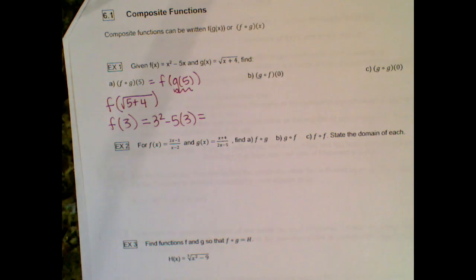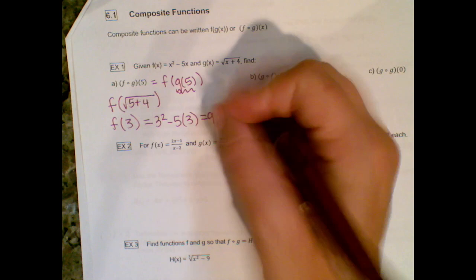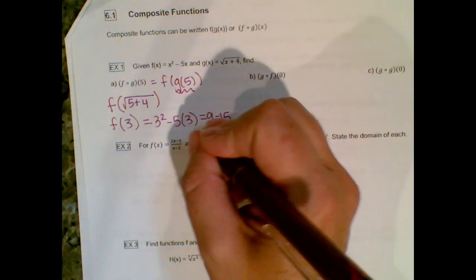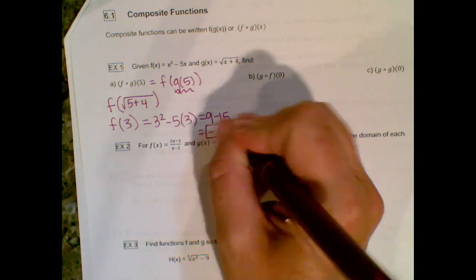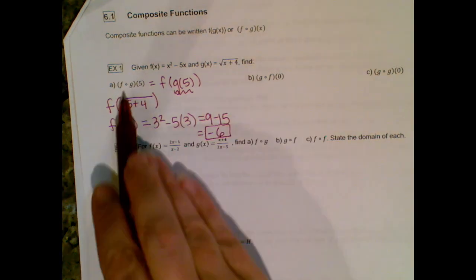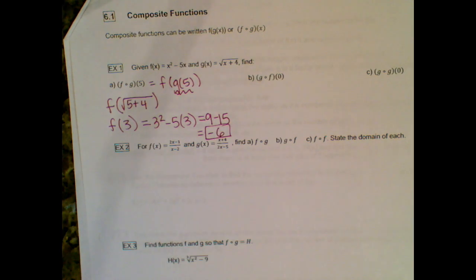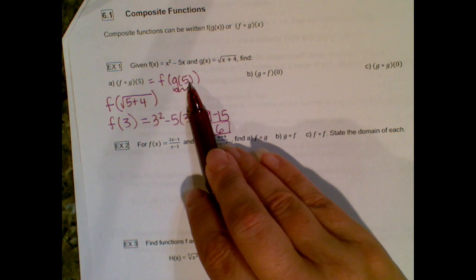So I plug 3 in everywhere. 3 squared is 9. 5 times 3 is 15. And so 9 minus 15 gives us our final answer of -6. So f of g of 5 is -6. And when I have a number input, I should get a number output.